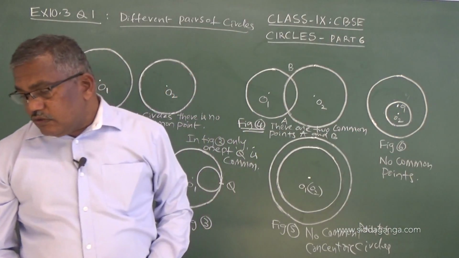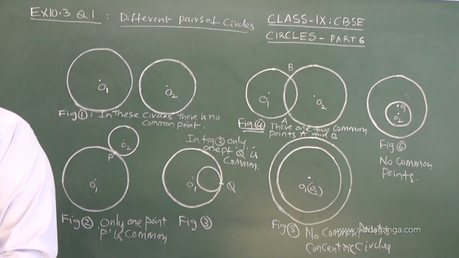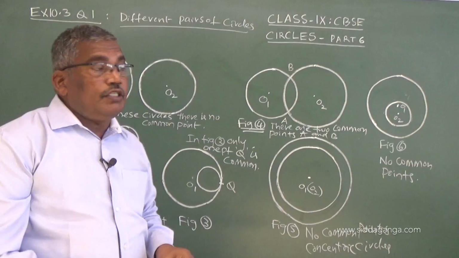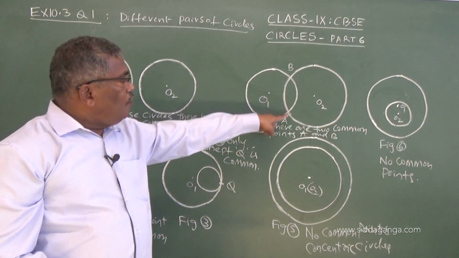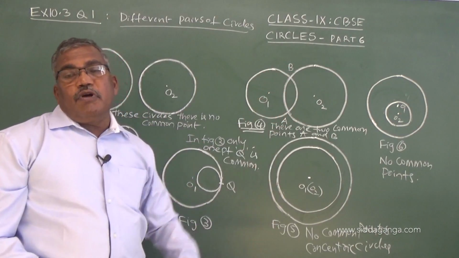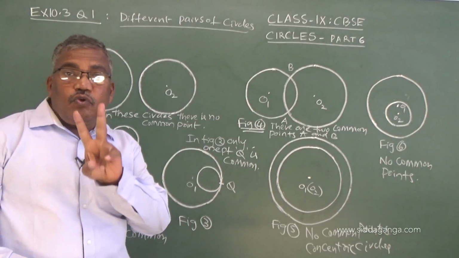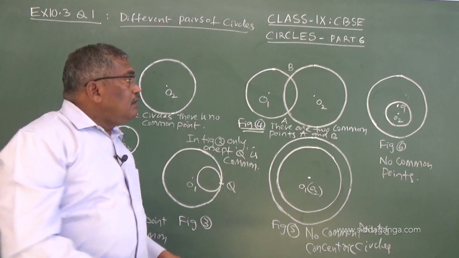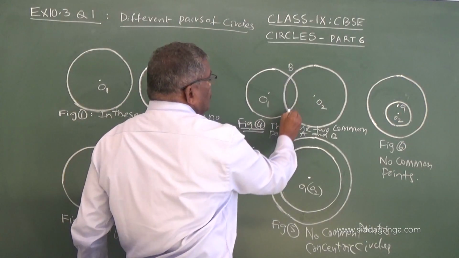Lastly, there is one more question in this: what is the maximum number of common points? As you can observe, only 2 is the maximum number of common points for two circles. When two circles intersect each other, they intersect at a maximum of 2 points.